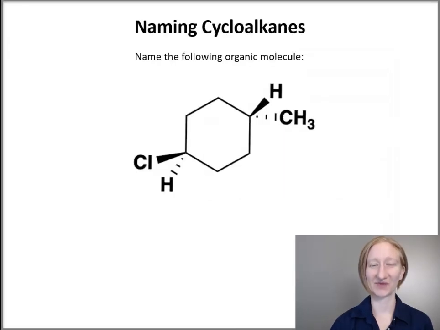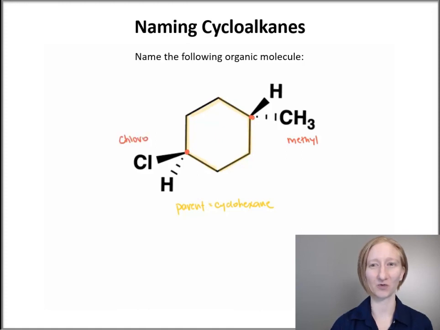Let's end this video sequence with the question we saw at the beginning, to name the organic molecule shown here. We'll start by identifying the parent, which here again is a cyclohexane. Then I like to identify and name my substituents.